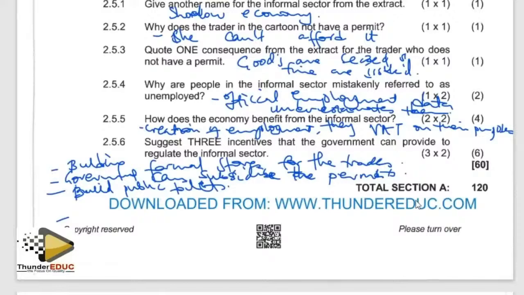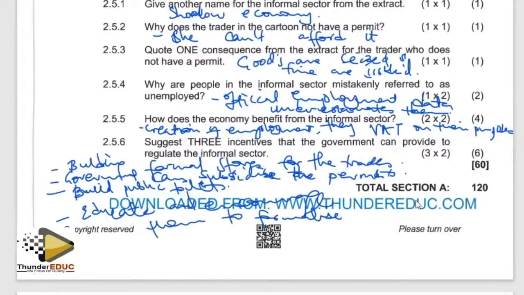Then we can also talk about educating them and encouraging them to formalize their businesses, because maybe some of them do not know.